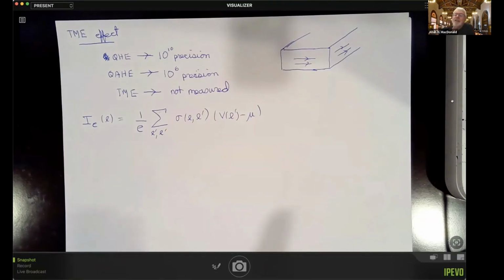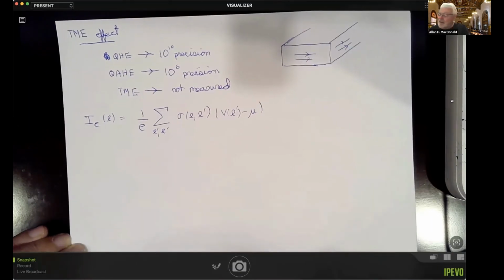Same derivation. You can just let the perturbation be layer dependent electric fields, and you can let the observable be layer dependent currents.